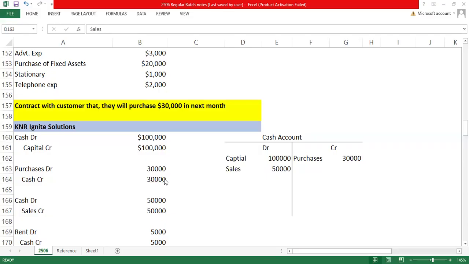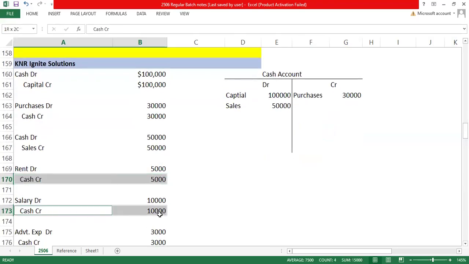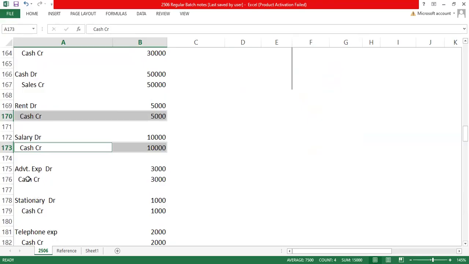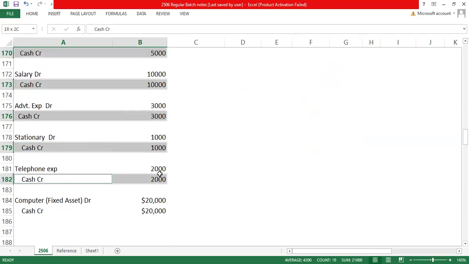Now, all the other expenses, if you look at the other side, will become your credit balance. Your rent is a credit balance, your salary is a credit balance, advertisement expenses are credit balances, stationery is a credit, telephone expense is a credit, and the computer that you purchased is also a credit.